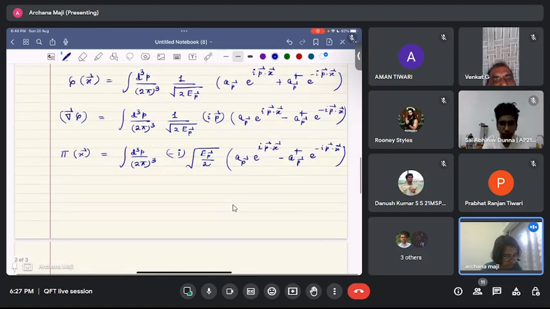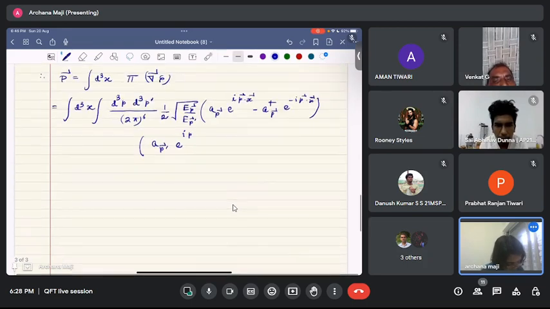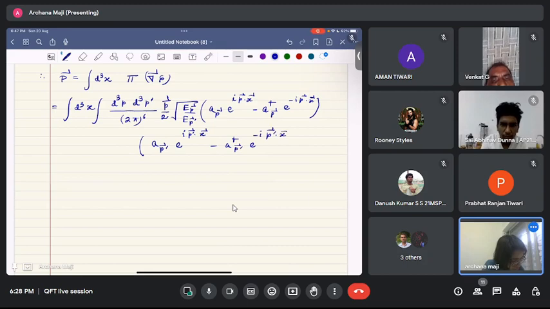Remember there was this p vector as well, so we have the p vector outside, exponential i p prime dot x minus a dagger p prime exponential minus i p prime dot x. So let us see what we get. We will get 4 terms, and then we need to use the properties of the Dirac delta function.